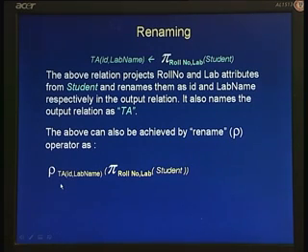The relational expression here shows the same thing as the assignment statement above, that is, it projects roll number and lab from the student relation and then gives them as part of a rename expression that says rename it as TA, ID and lab name. Okay. So how does the rename operator work in general?